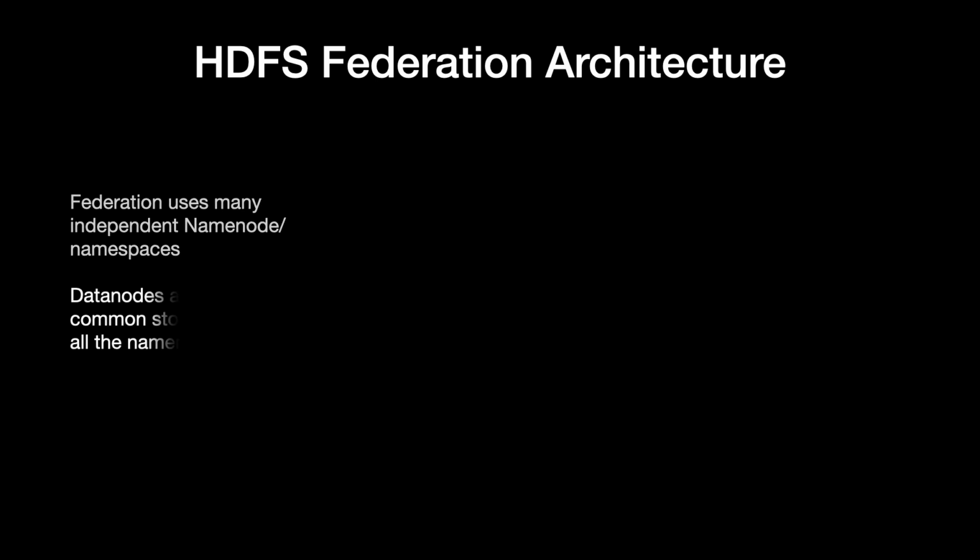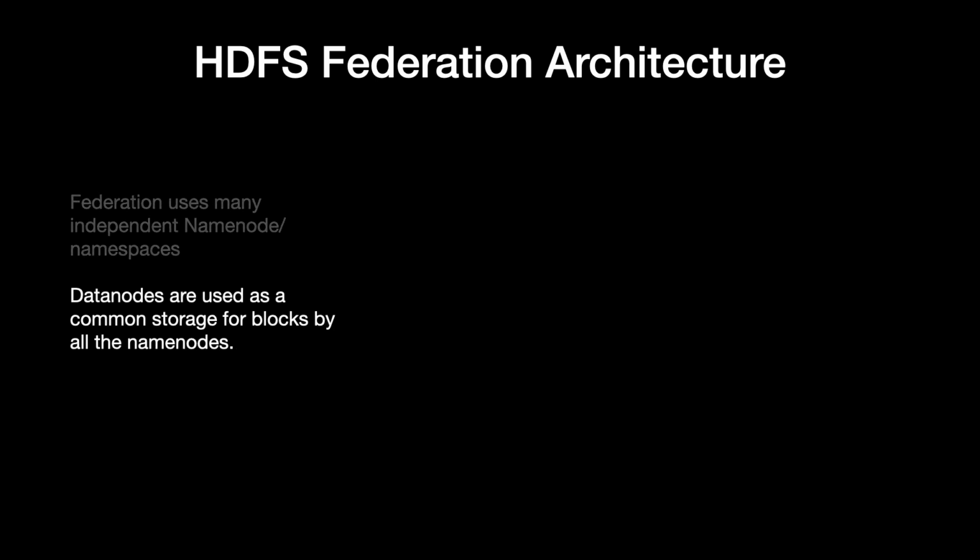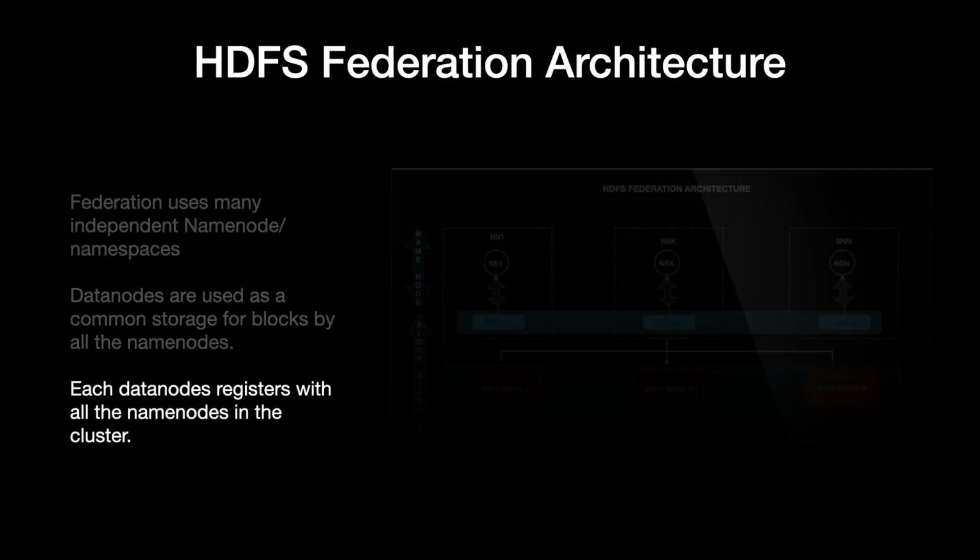Let us move to the HDFS Federation architecture and how it overcomes all these limitations. Federation uses many independent name nodes and namespaces to scale the name service horizontally. In HDFS Federation, at the bottom of the architecture, data nodes are present, and they are used as common storage for blocks by all the name nodes within the cluster.